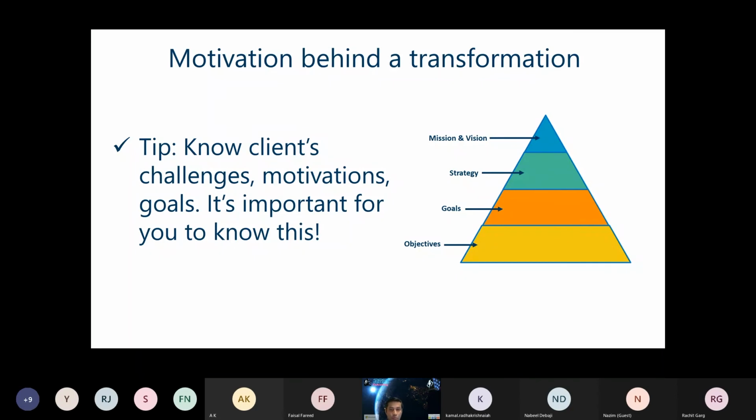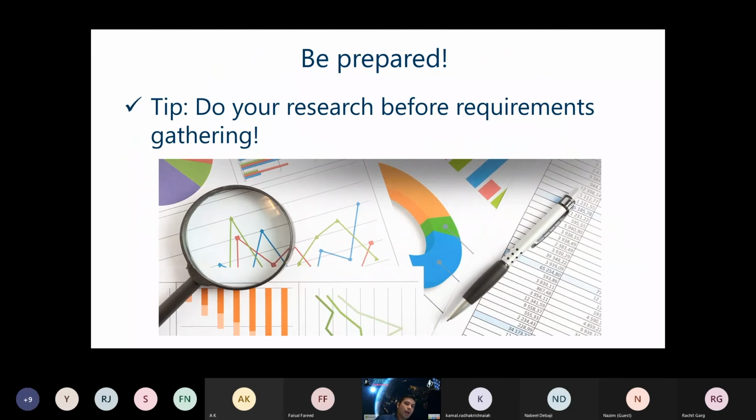Processes may relate to either their goals or objectives. So make an effort to understand all of this. This will really help you. And if you understand it even before you start to get the requirements, that's amazing. That's the ideal scenario.